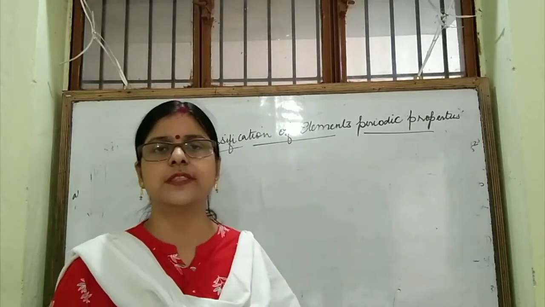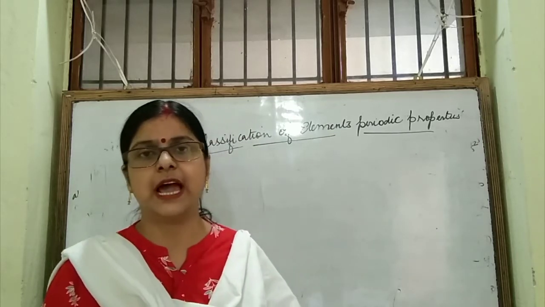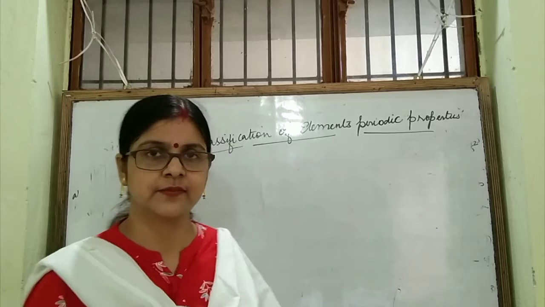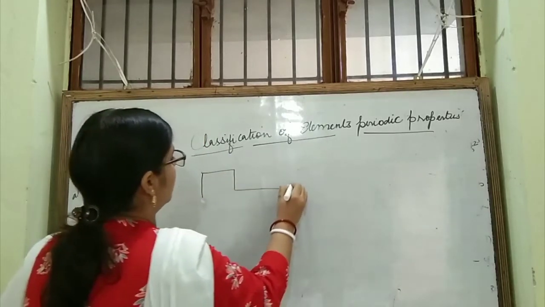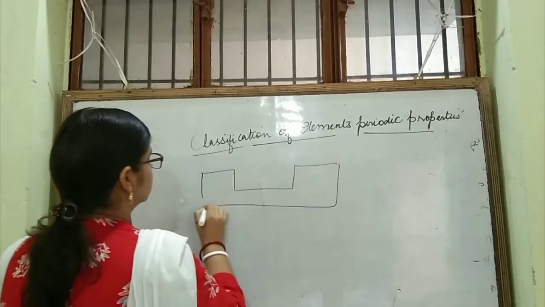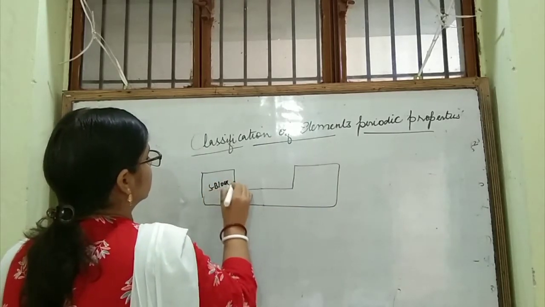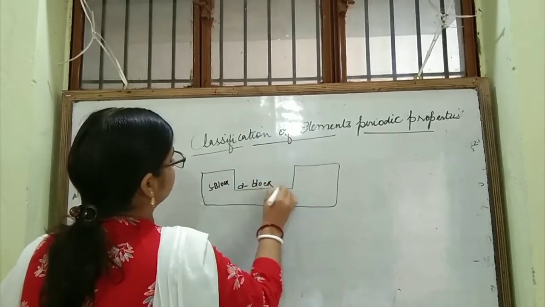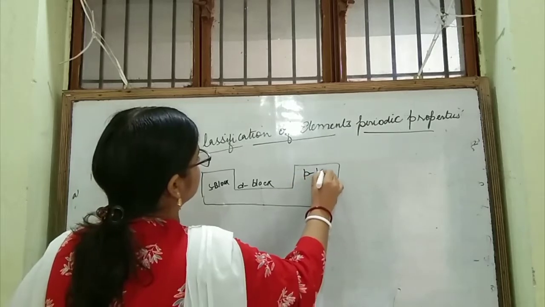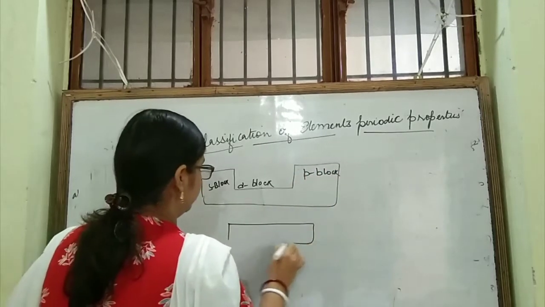All of us know that the modern periodic table has 18 groups and 7 periods. The modern periodic table has been divided into 4 blocks. This is S block, this is D block, P block and F block.